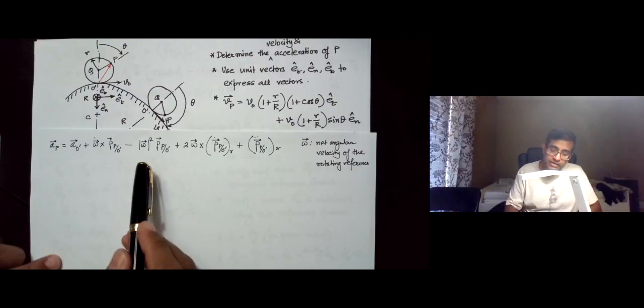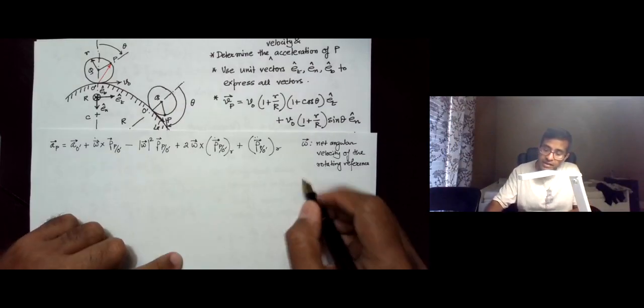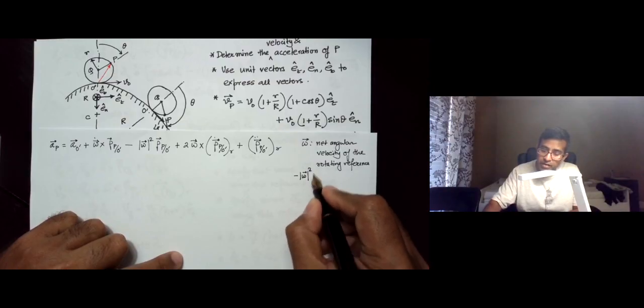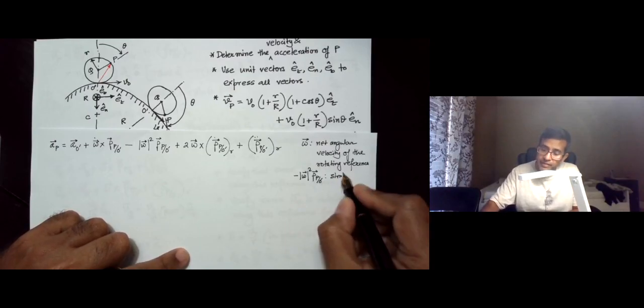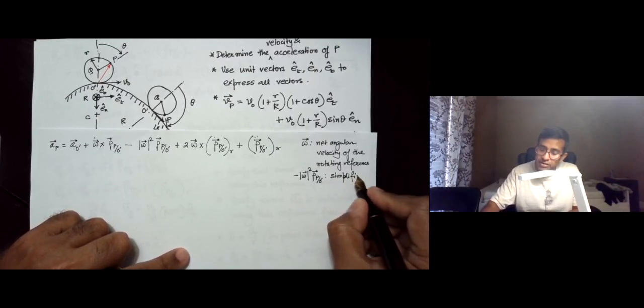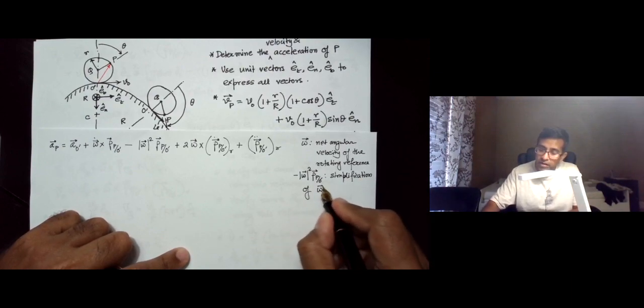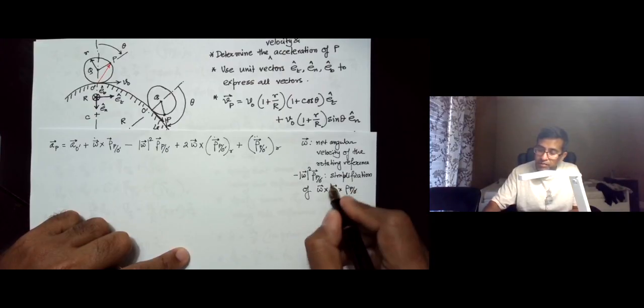The other point is that this term that we see over here, this is essentially minus omega squared rho P with respect to O prime. This is nothing but a simplification of omega cross omega cross rho P with respect to O prime.